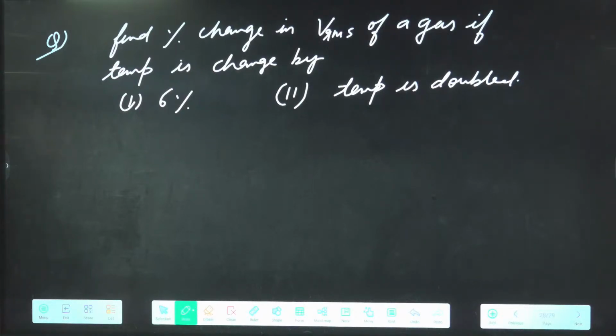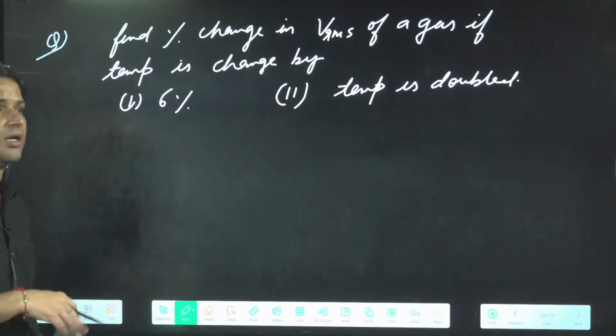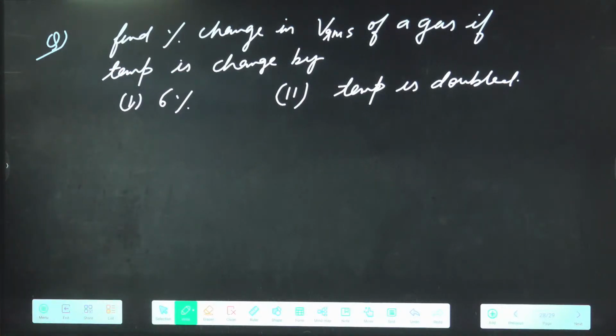If the temperature is doubled, what will be the percentage change in velocity? And if the temperature is changed by 6%, what is the answer?